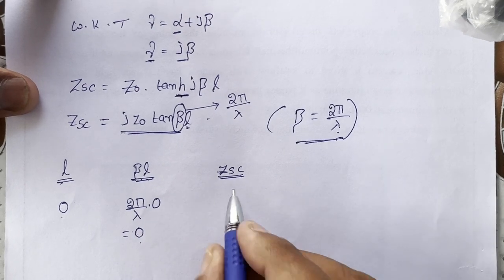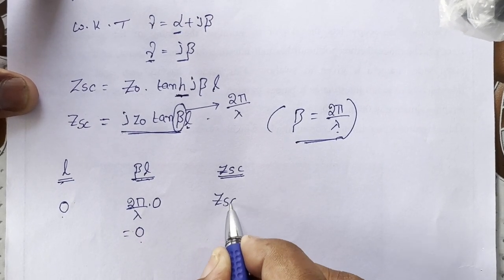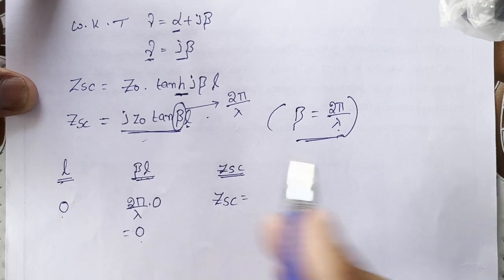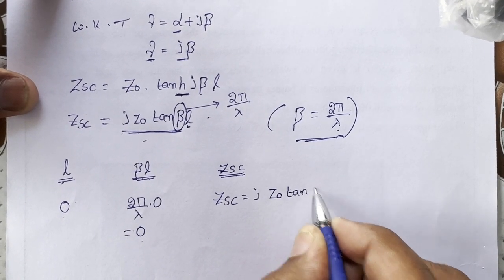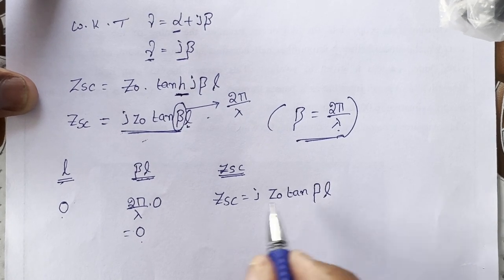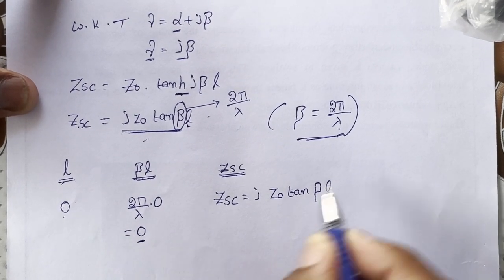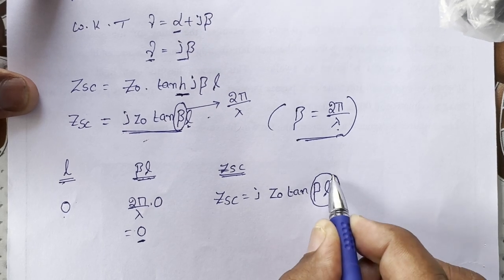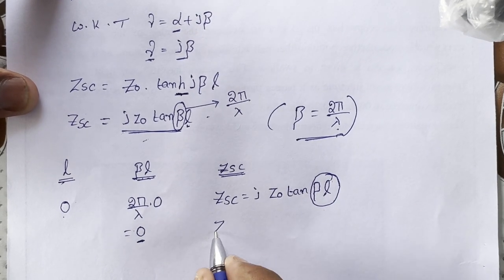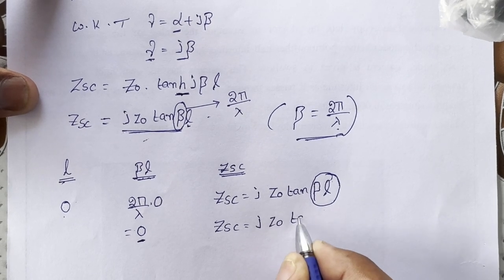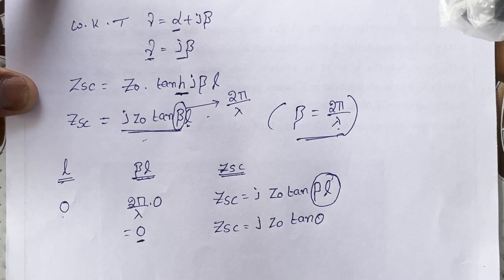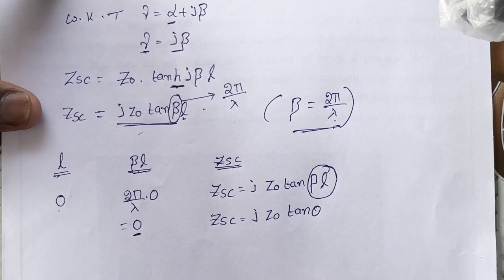Then ZSC equal to, the formula for ZSC is j Z0 tan beta L. Here we have the value of beta L. Now I am substituting that value here. So ZSC equal to j Z0 tan 0.